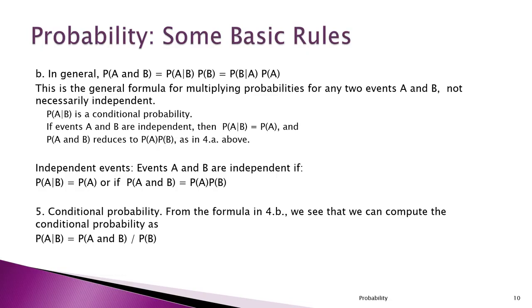If the probability of A and B is equal to the probability of A given B times the probability of B, then if we need to compute the probability of A given B and we have the other terms, that's exactly equal to the joint probability of A and B divided by the probability for the event after the given, or divided by the probability of B.